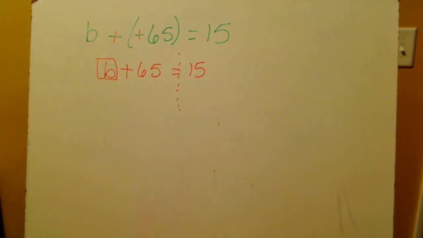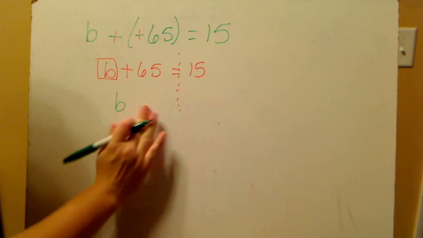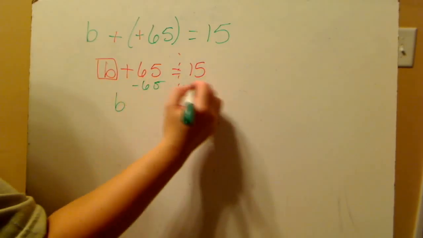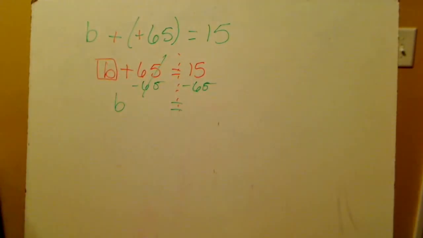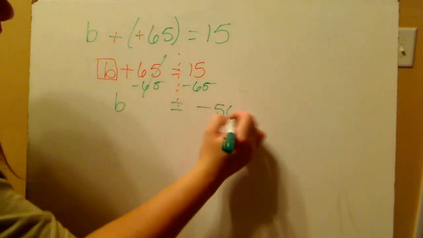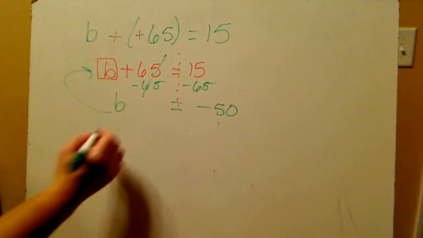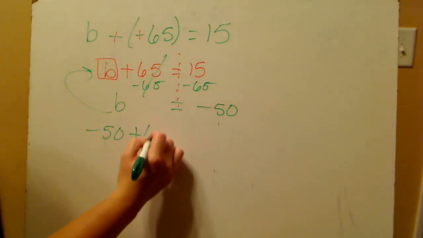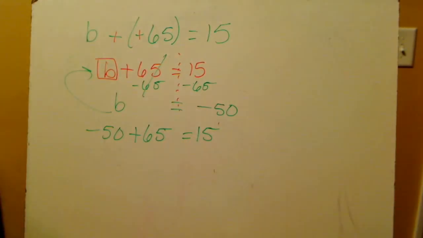So when we cross that line, we want to do the opposite sign. 65 is positive, so we want to subtract it. Then we have 15 minus 65 equals negative 50. Plug it in to make sure we did everything correctly. Negative 50 plus 65 should give me 15. And in the end, it checks out.